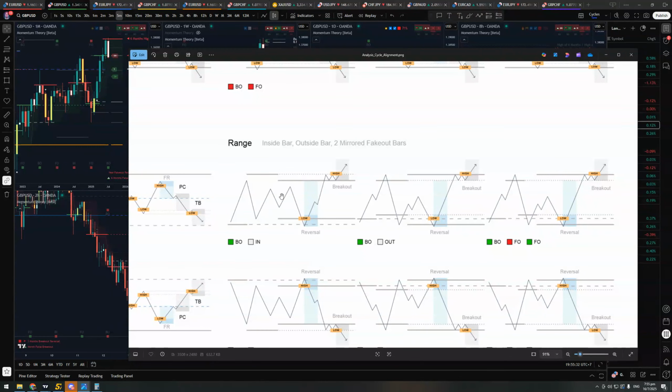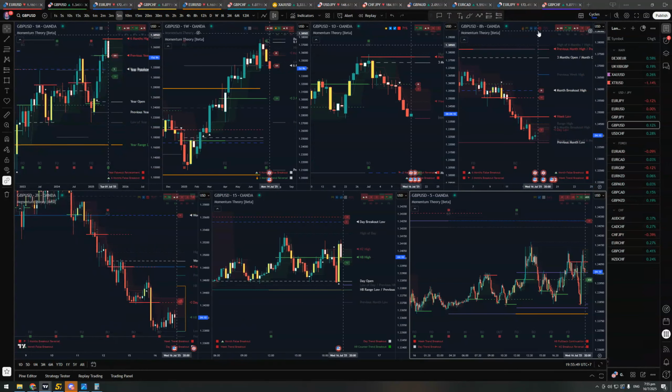So there's no change in bias. While outside bars and fake out bars, you're faking out the high, faking out the low. This is indecision in the market, right? So you don't know if it's going up, don't know if it's going down. It can go either way. And so I treat these ranges a bit different than the inside bar range. So this is still valid to me.